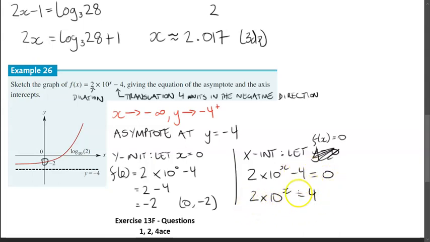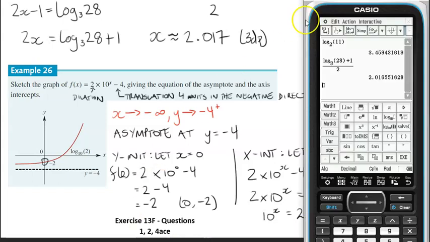Then we have 2 times this term, so we divide both sides by 2. Now this is the most basic format I can get this exponential equation into, so I'm going to write it in the format of a log. Log base 10, so the base is 10, of 2 is equal to x.